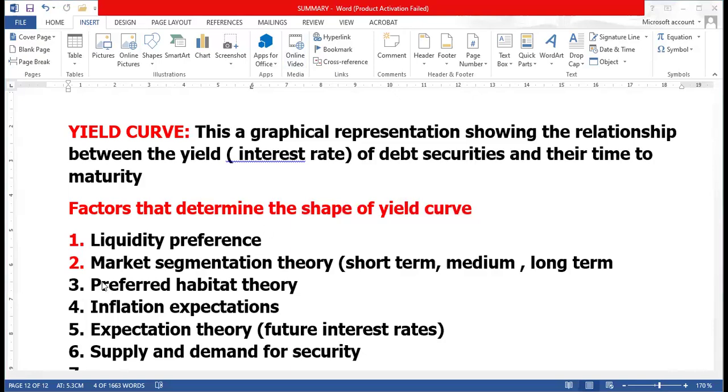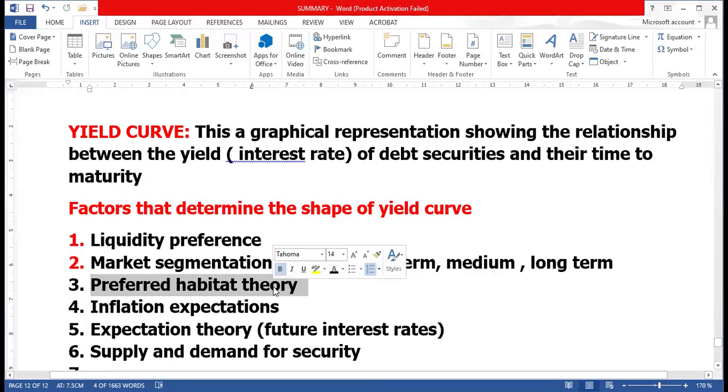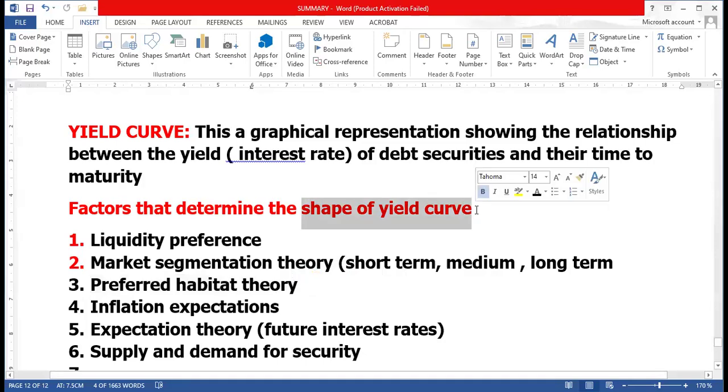So here, basically, you are looking at the preferred time. If you go beyond your preferred time, you should be compensated. It means that the maturity period is going to increase and the yield is going to increase as well. That alone changes the curve. I have moved from my preferred to another period, so compensate me: high return, high maturity period.